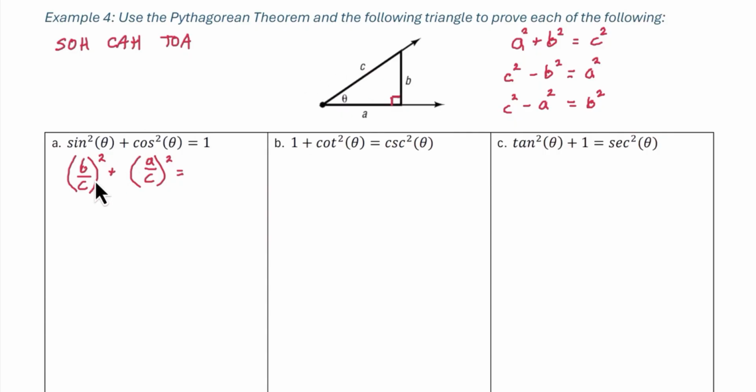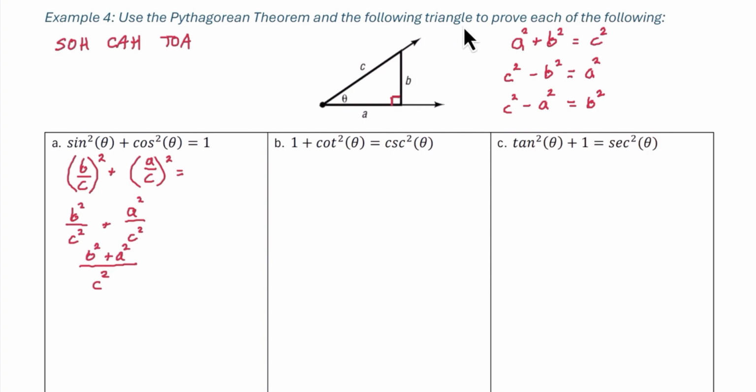Well, notice we have a fraction squared. We can simplify that by squaring both the numerator and denominator. B squared divided by c squared. And we'll do the same thing in the second fraction. We get a squared divided by c squared. And notice we're adding fractions and they have the same denominator. So we can combine that into a single fraction, b squared plus a squared, over c squared.